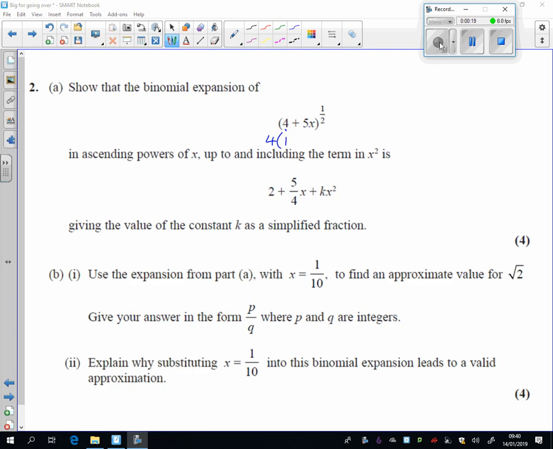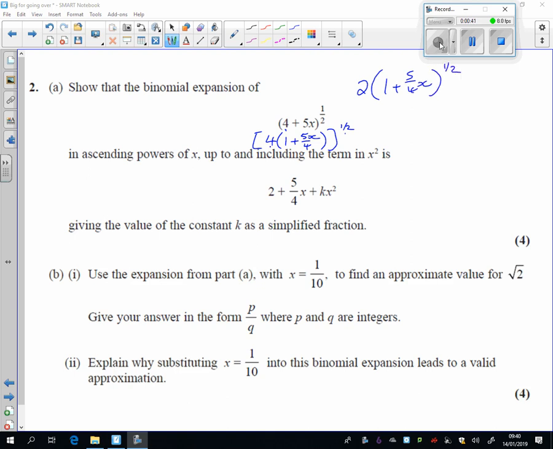We've got 4 lots of 1 plus 5 over 4x, and all of that needs to be to the power of a half. The bit that people will go wrong on is that it's 4 to the power of a half, so we've got 2 lots of 1 plus 5 over 4x to the half.